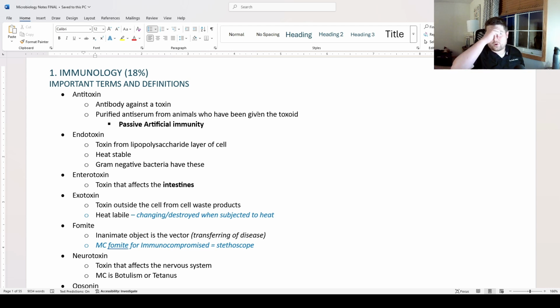Antitoxin, this is like for snake venom or spider venom, something like that. Giving an antitoxin is passive artificial immunity. Passive because your body doesn't have to make anything. You're receiving a direct antibody. Artificial, again, because your body is not making it, and you're receiving it from an external source.